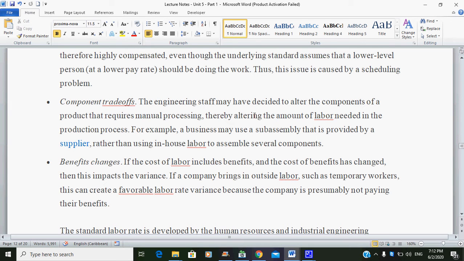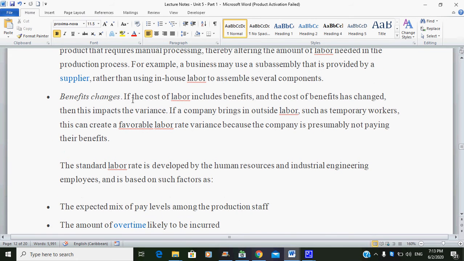Next one, benefits changes. If the cost of labor includes benefits and the cost of benefits has changed, then this impacts the variance. If a company brings in outside labor, such as temporary workers, this can create a favorable labor rate variance because the company is presumably not paying their benefits.